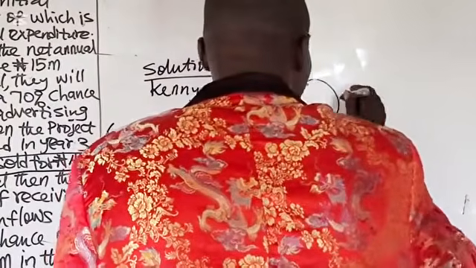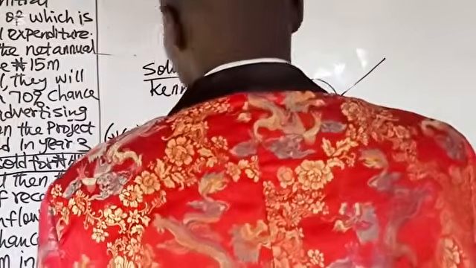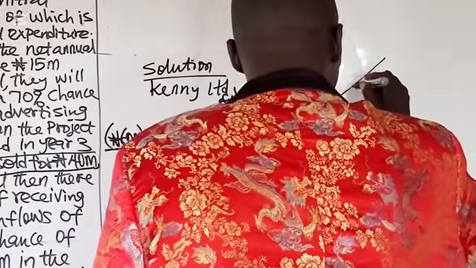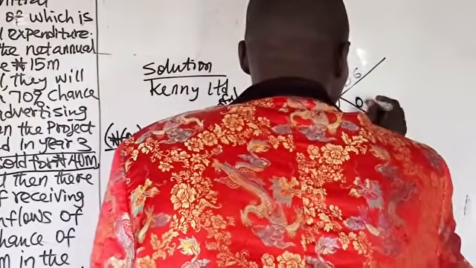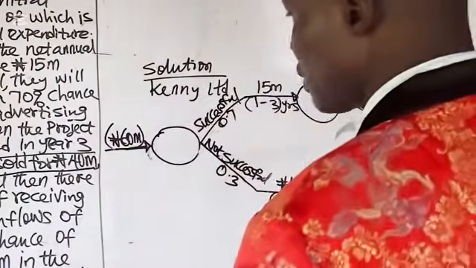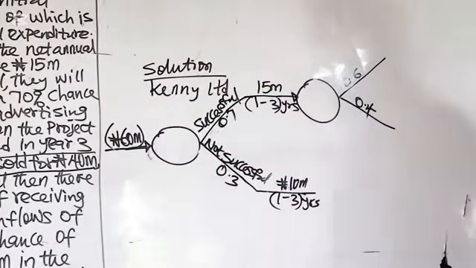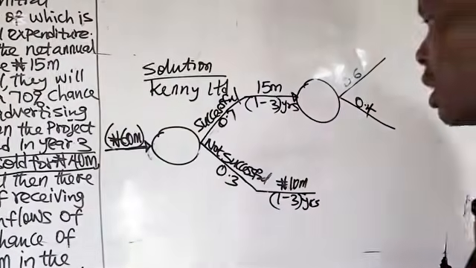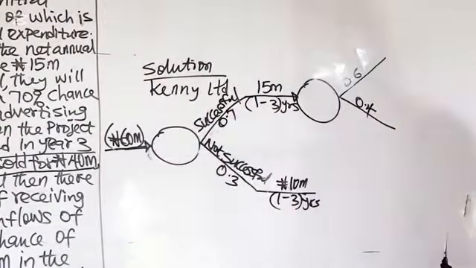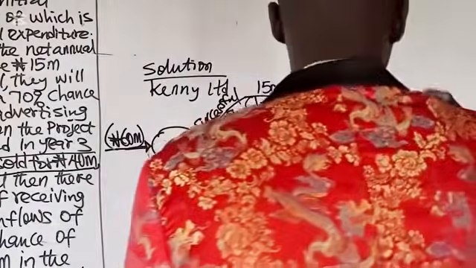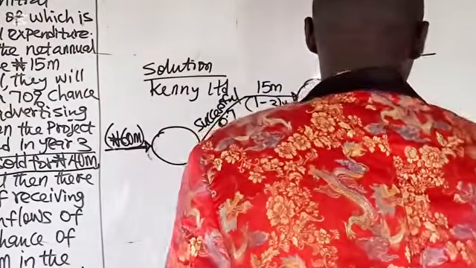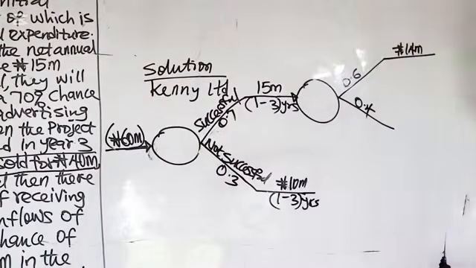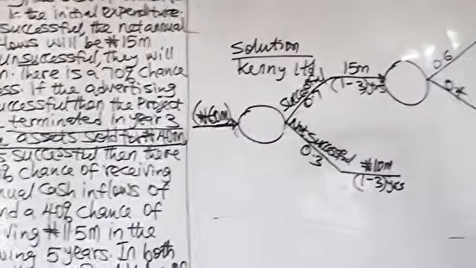You were told 60% chance, 0.6, and 40% chance. So you have 40 million naira as your cash inflows if it is successful.